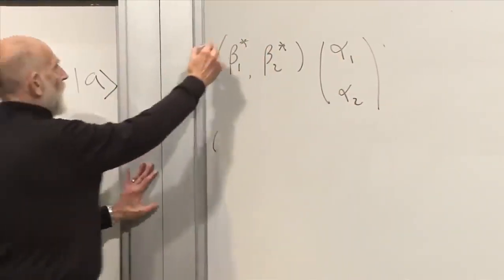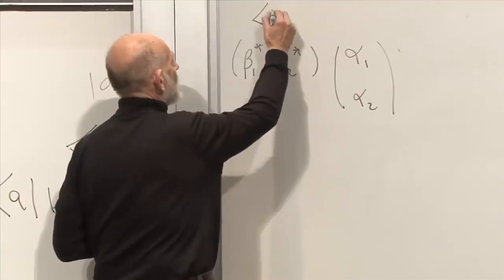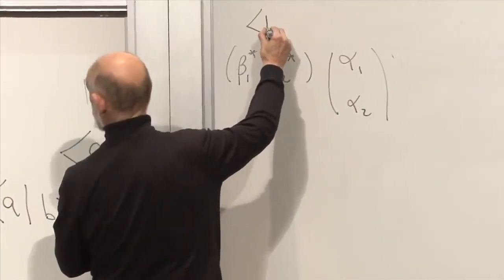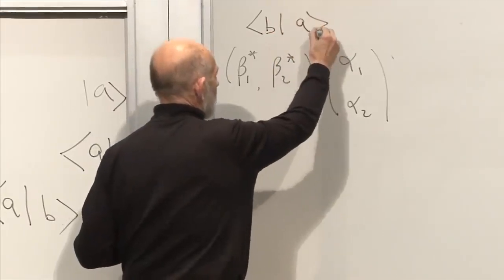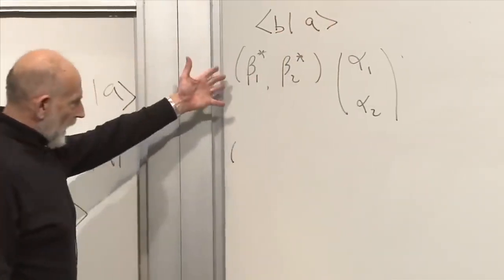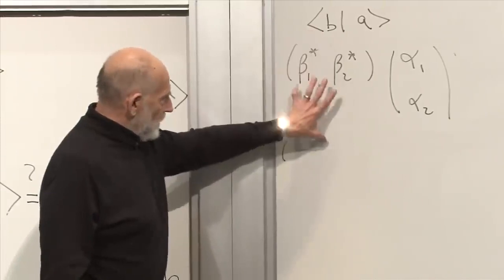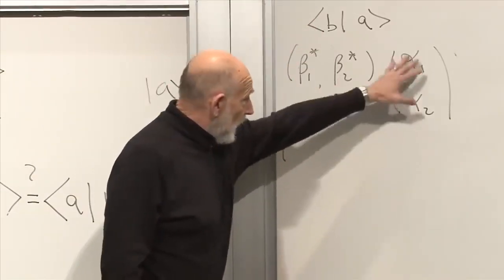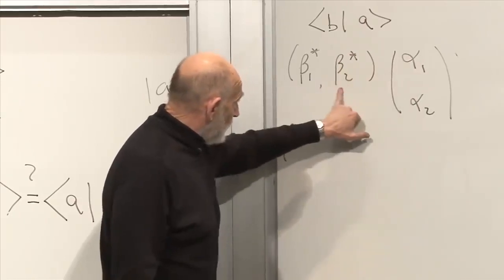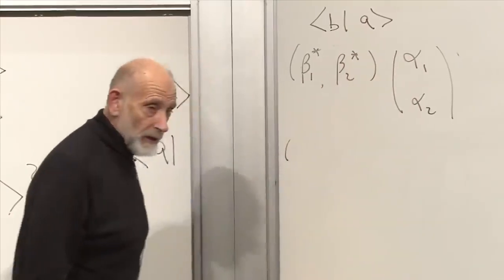This is supposed to be now, I guess I called it BA. And all I've written down is the notation for B and the notation for A. Column vector for A, row vector for B, complex conjugated.